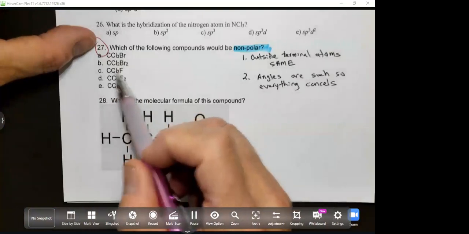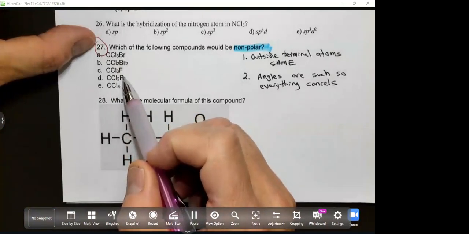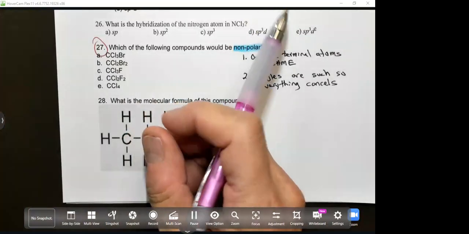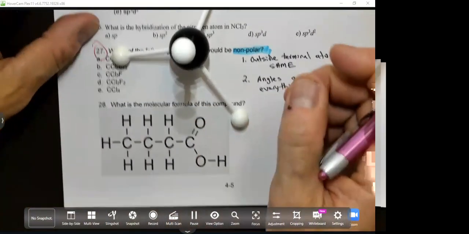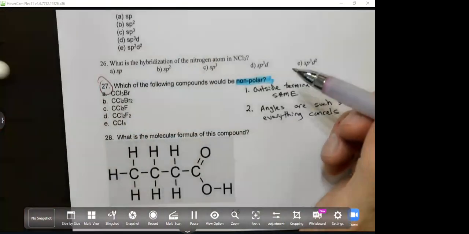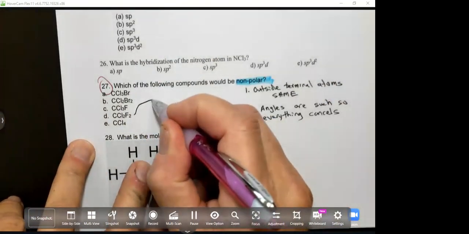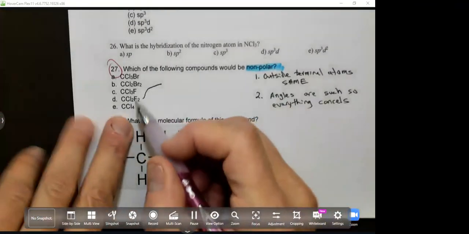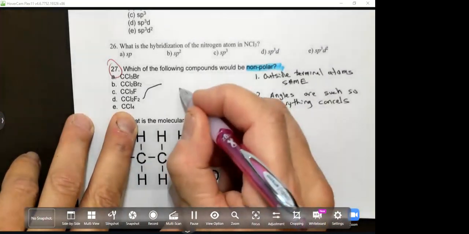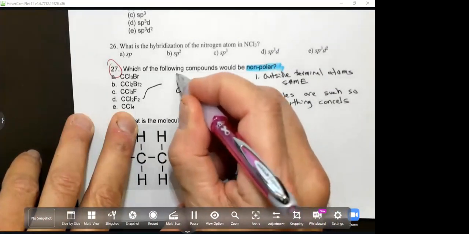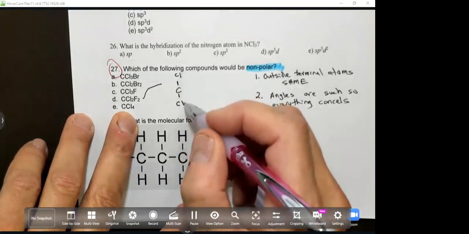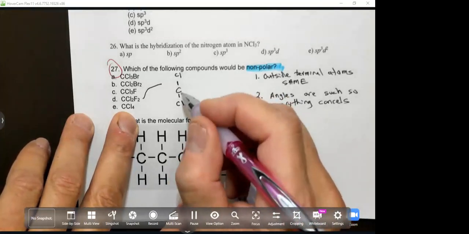All of these compounds are tetrahedral. I'll show this one because I think it comes up in the lab. You see Cl2F2, and you say, well, I'm going to draw it like this, and put the chlorine here, and the chlorine here, so up versus down is going to cancel.